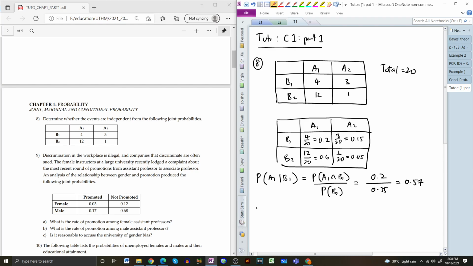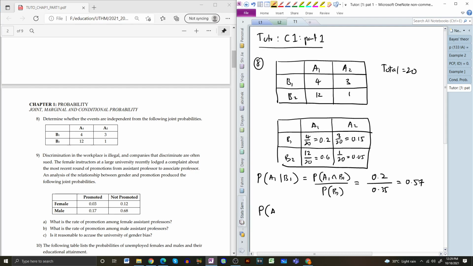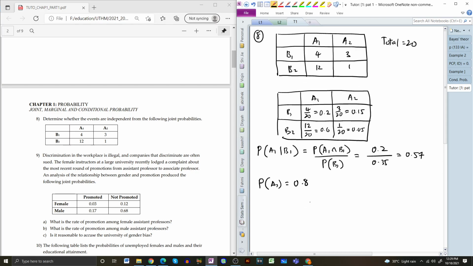And what is the probability of A1? 0.8, isn't it? And you see this is not the same, isn't it?